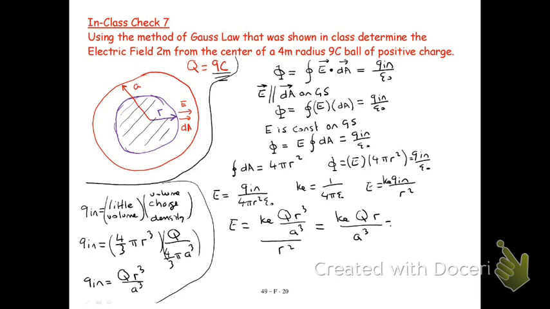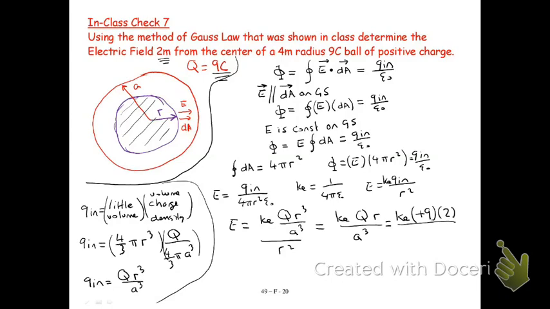So this equals, let's leave Ke in, Ke, the Q is plus 9. The r is to the Gaussian surface, and it's 2 meters, so that's 2 over a cubed.